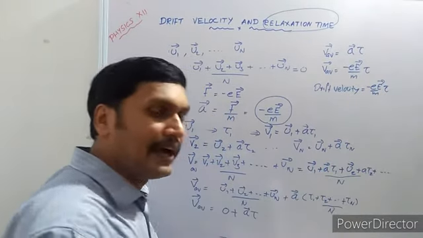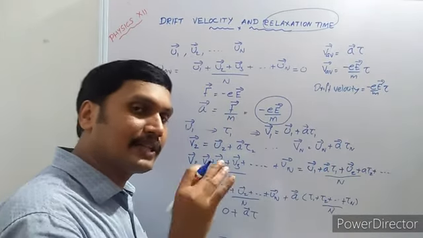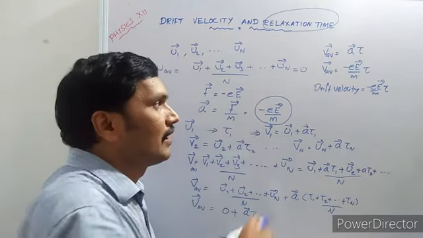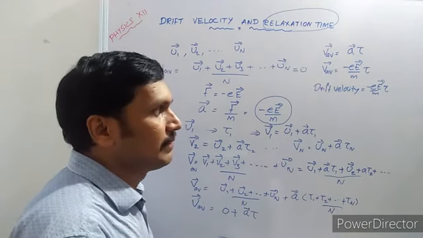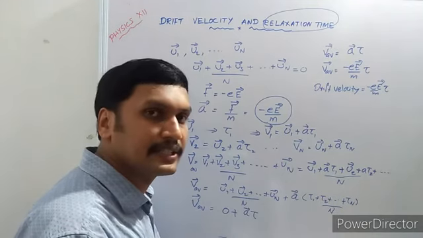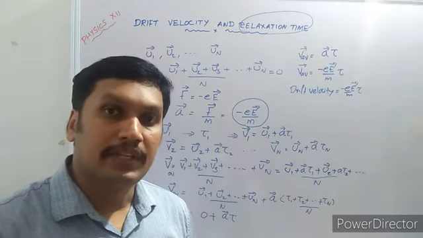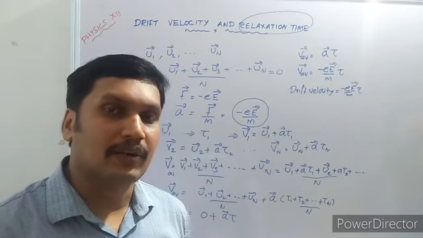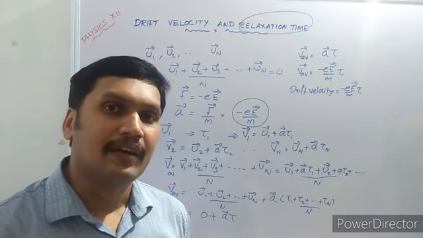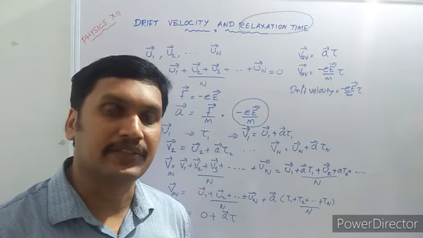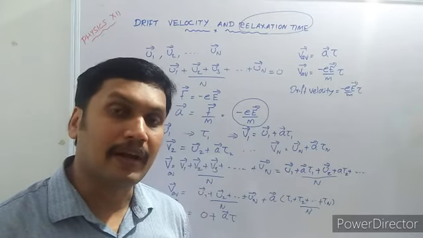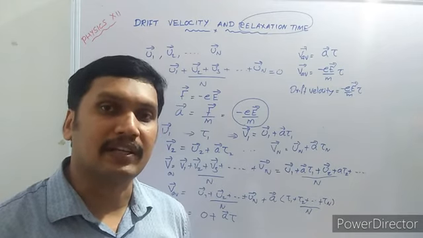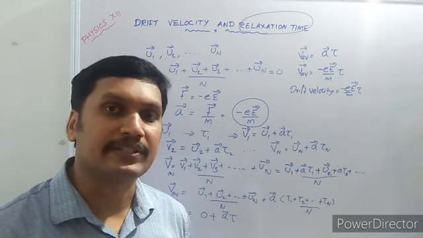This is the additional velocity other than the thermal velocity. It may be noted that electrons get accelerated under the electric field between any two collisions, but on average the net acceleration of the electron is zero.